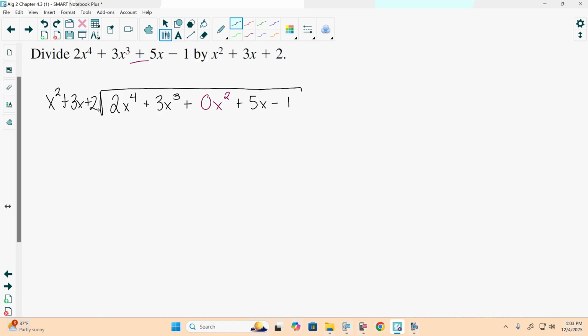Even if it's outside, having 0x doesn't make a difference. We still want to fill it in as we multiply, as we do those steps, because it's still going to be 0x squared or 0x, or we still want it there just to keep track of a spot. Questions on the setup?